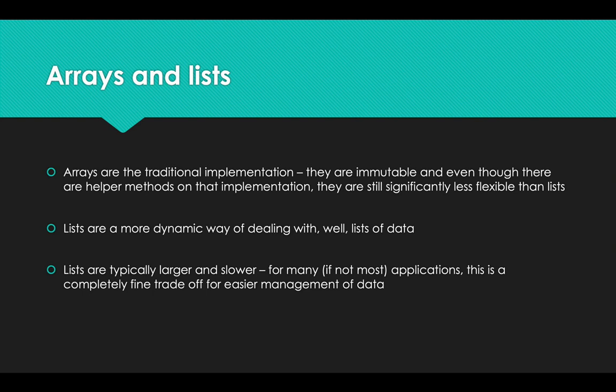However, if you're working on a C# application, it's often the case that face melting speed is not the thing that you're optimizing for, and usability and easier management of data is a completely fine thing to trade off for speed.